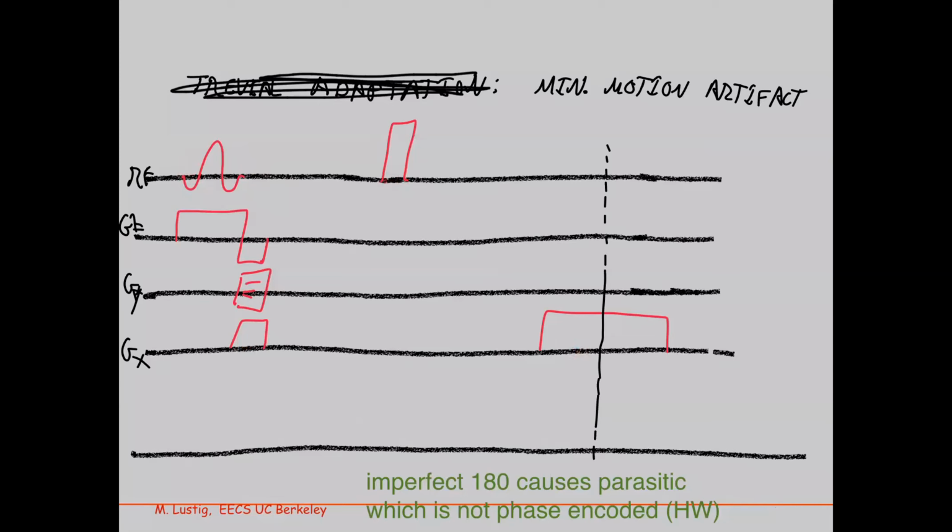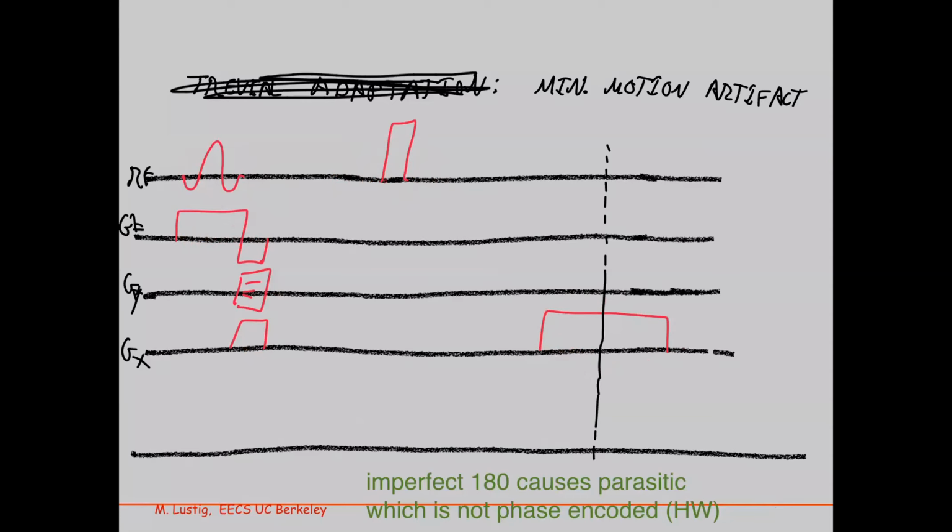However, there is a parasitic one. If the 180 is not perfect, then that could create some MXY components. And those MXY components do not see the phase encodes. They only see this readout gradient.